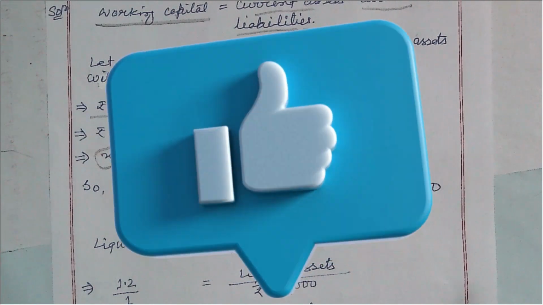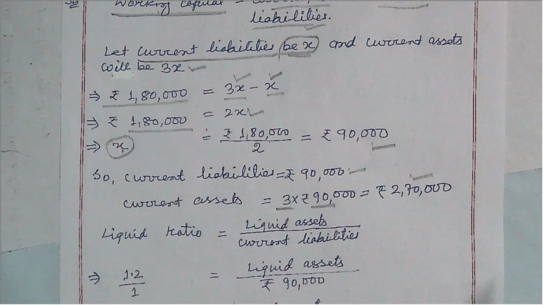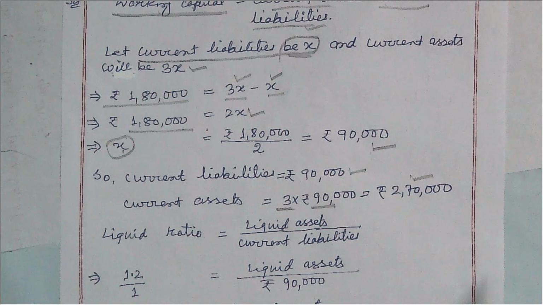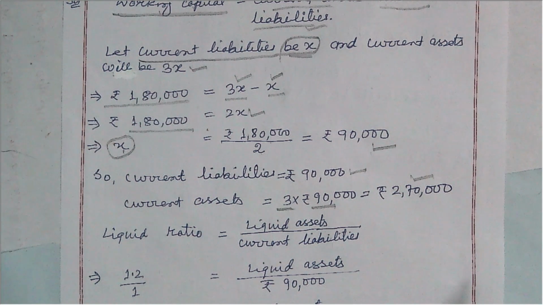Now we have to calculate the value of inventory. We must have the value of liquid assets, so that when liquid assets are deducted from current assets, the value of inventory can be calculated.